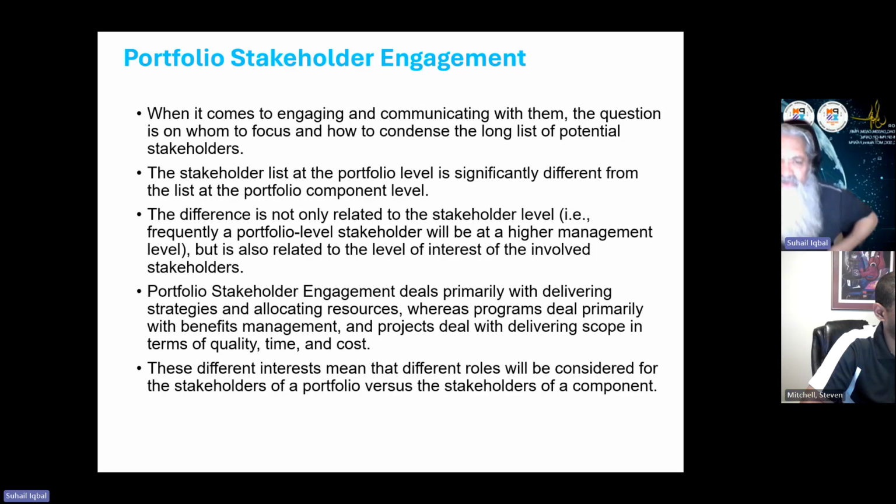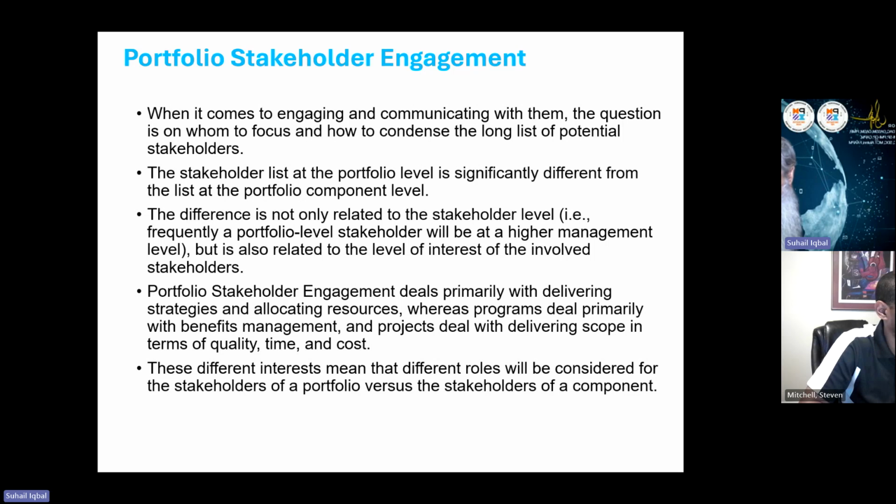What kind of a stakeholder this one is. And then we try to keep the communication lines open with them so as to keep the system transparent to all possible stakeholders. The question is on whom to focus and how to condense the long list of potential stakeholders.